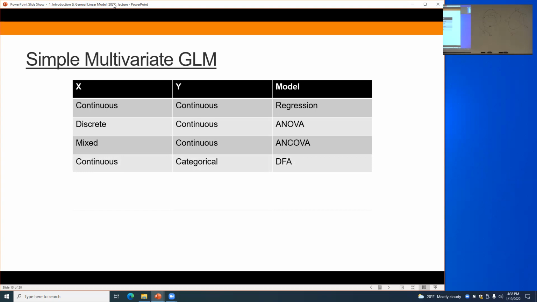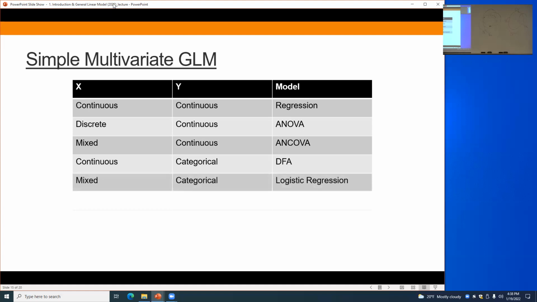If I've got continuous X's and a categorical outcome, we're talking about discriminant function analysis. You don't see much of it anymore because we've got better tools, but historically this is what we would do. If we've got a mixture of continuous and categorical variables and a categorical outcome, we're talking about logistic regression, a super powerful model that's really cool and underused in our field.